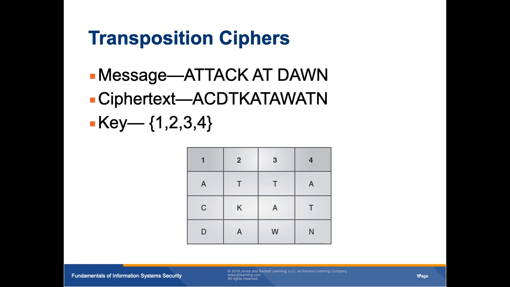And so the 1, right? So an A, what was it? A becomes an A. And a T becomes a C. And then a D, right? So let's see how we are trying to use this here. 1, 2, 3, 4.